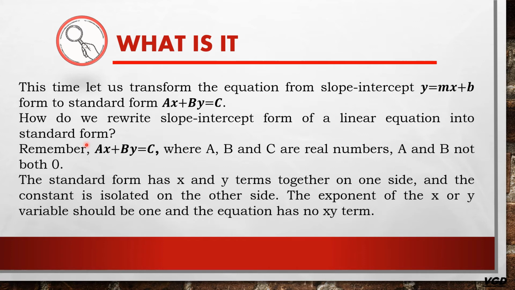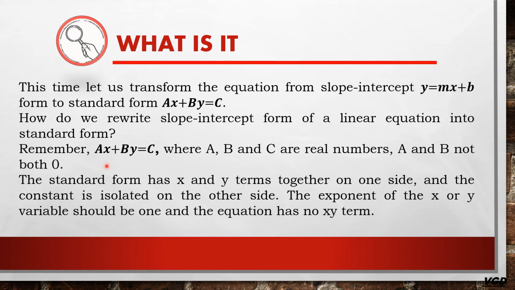But before that, you have to remember that in ax plus by equals c, a, b, and c are real numbers, and a and b should not both be equal to 0.